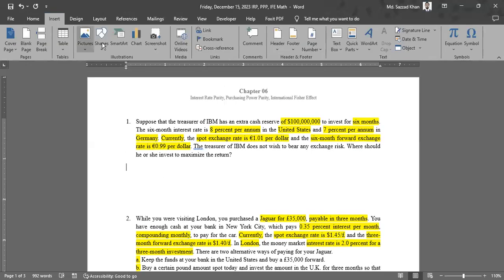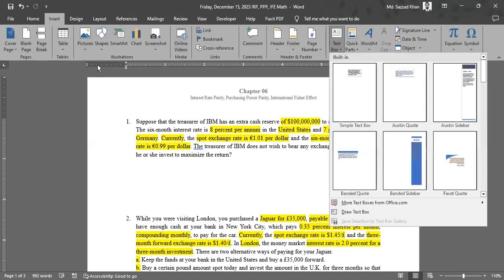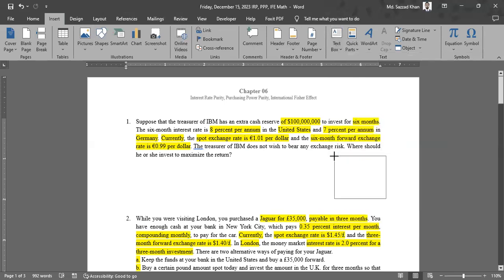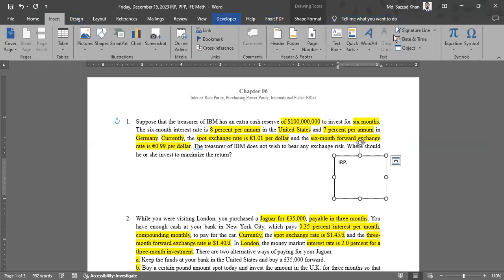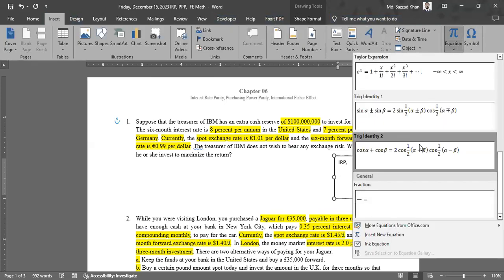In theory, we discussed the relationship between the forward rate and the interest rate. It talks about interest rate parity, IRP. What does it tell us? Let me insert equations.